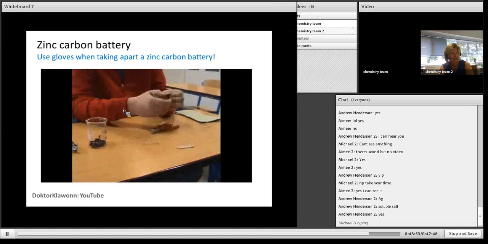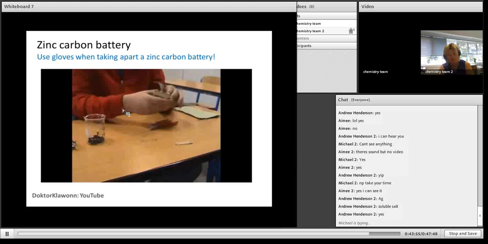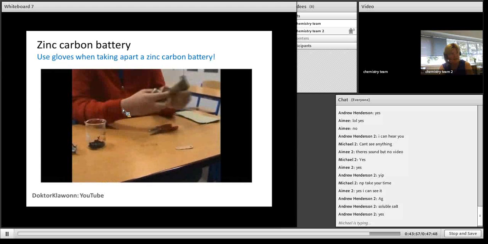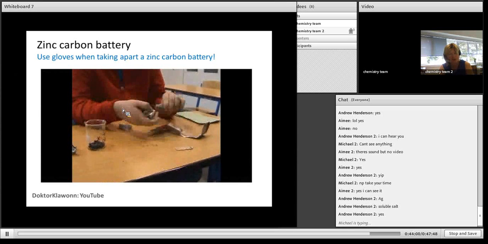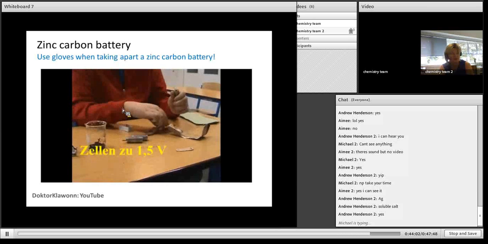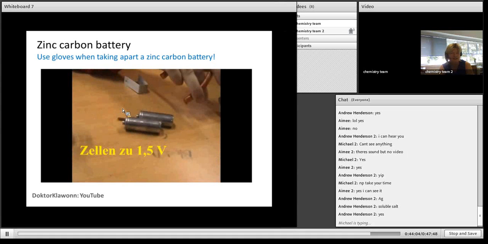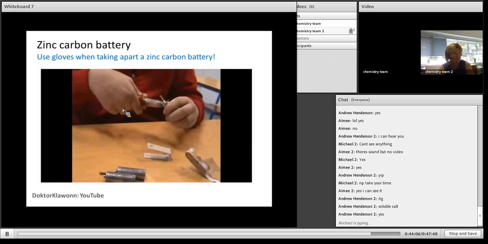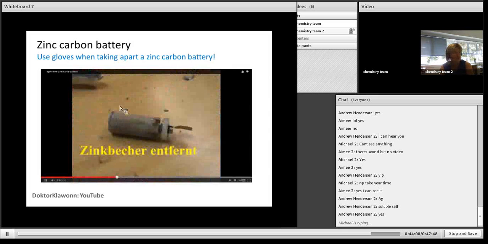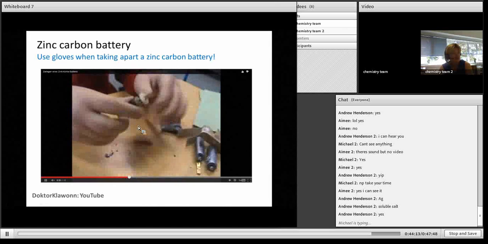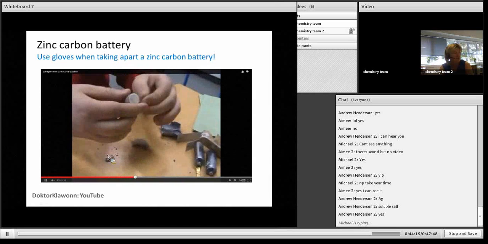So it's like a heavy-duty battery. Please don't do it like this person. Use gloves. It is acidic. Don't try and break up an alkaline battery. Do the acidic ones. It's not going to damage you. I mean, I've done it without gloves, but you'll notice there's a salt bridge. Can you see the salt bridge in there, that paper?